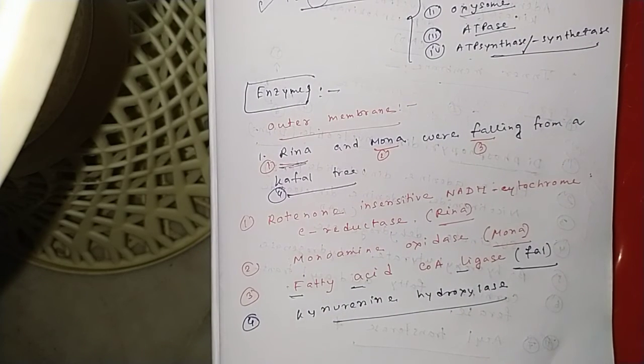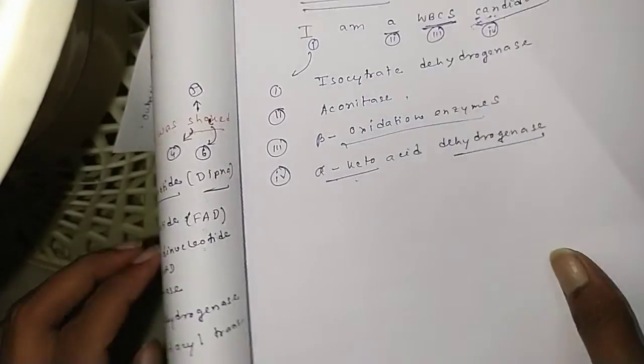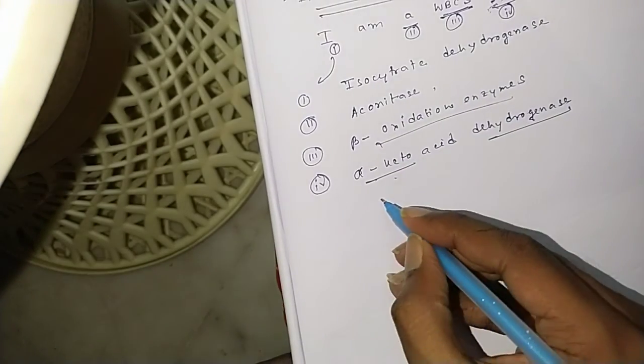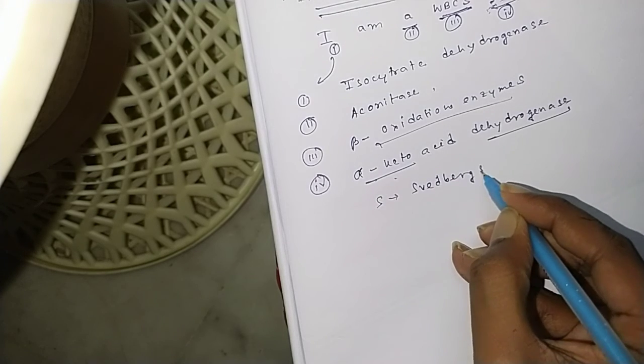And always remember that the mitochondria has its own DNA, okay, which is naked, and it has its own ribosome, but its ribosome is 55 to 70S. Okay, so you know very well what it means. The S means Svedberg's unit.